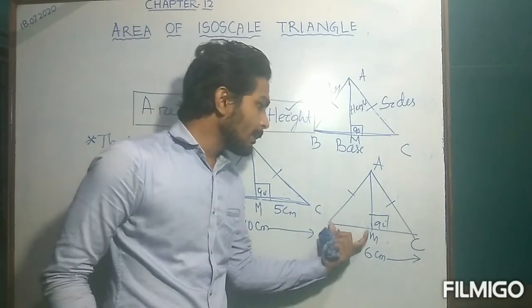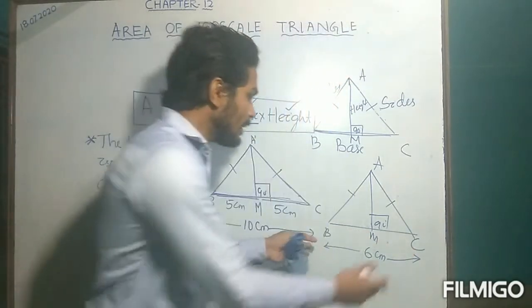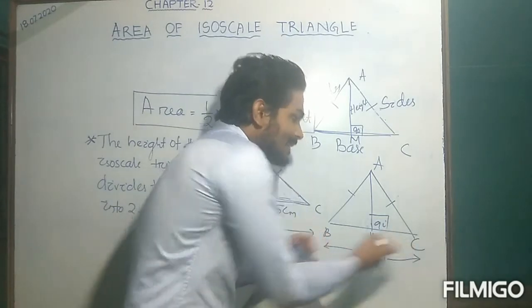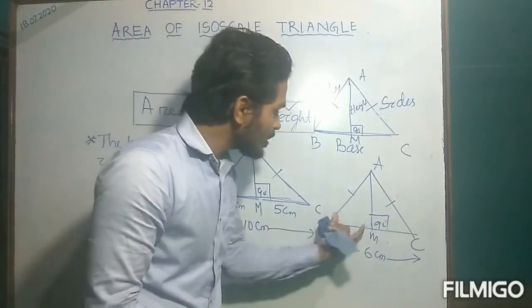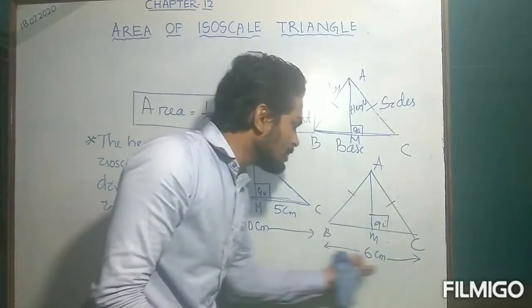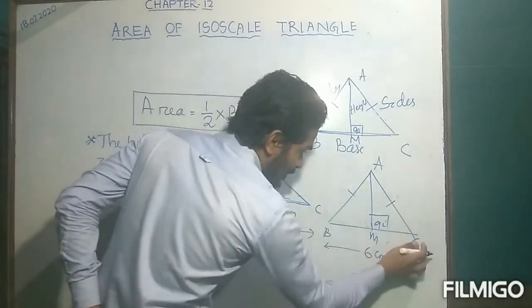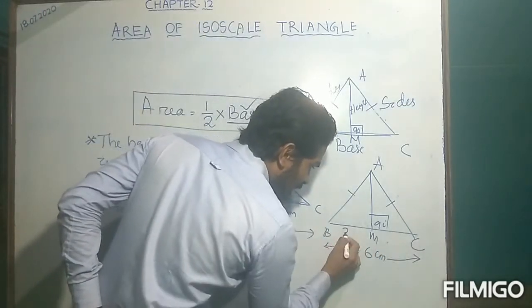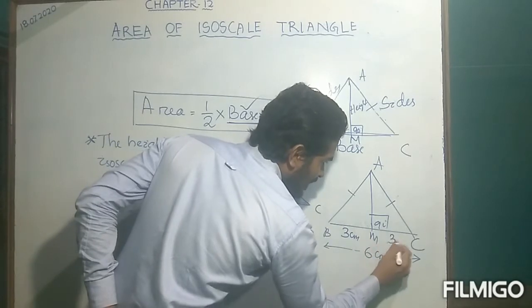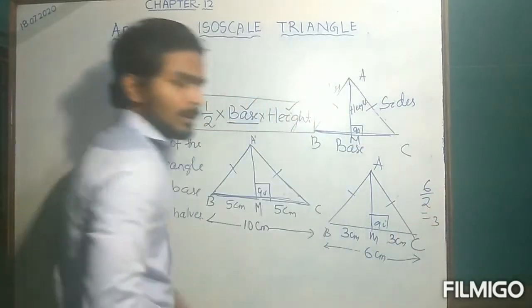As we know, BM and CM are equal and they are half of BC. Why are they half of BC? Because they are the two equal halves, and when two equal halves are joined together, they form 6 cm. So if the total distance is 6, then it will be 6 by 2, that is 3.